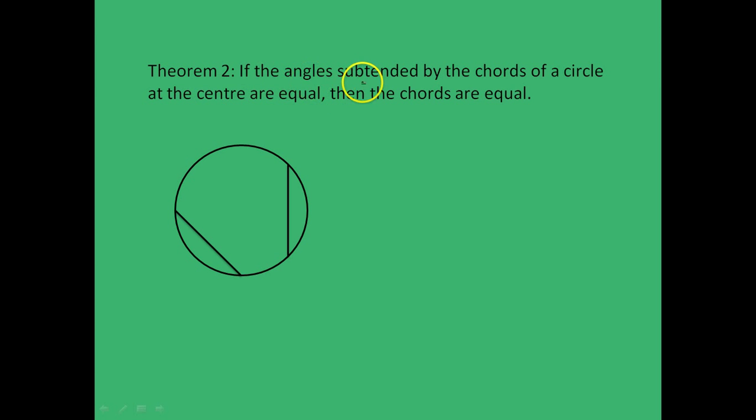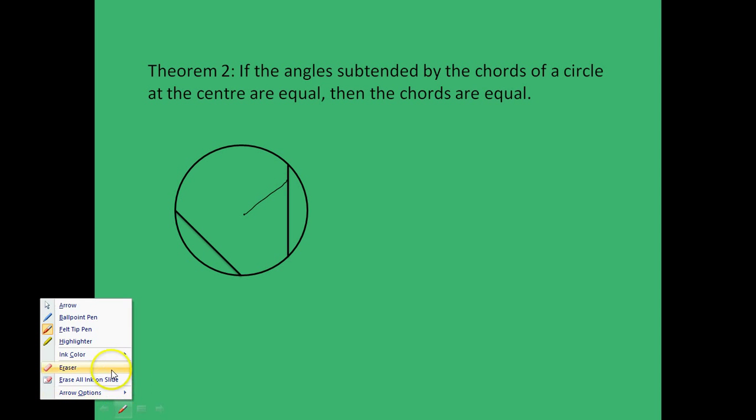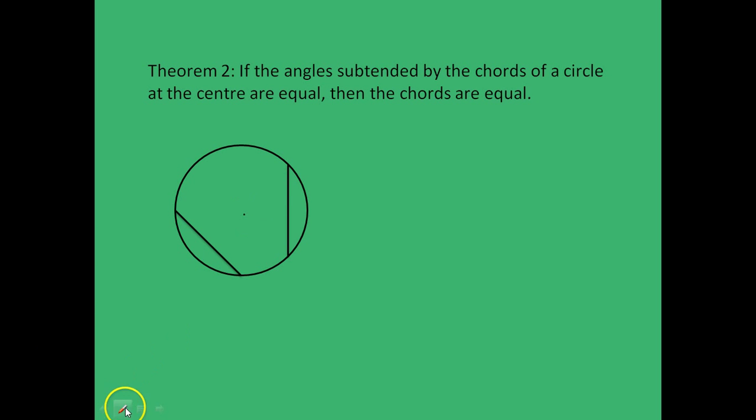Let's look at theorem number 2. It says if the angles subtended by the chords of a circle at the center are equal, then the chords are equal. Basically, it can be called the converse of the first theorem that we proved. So we'll start off by joining, basically making the angle itself. We'll draw the radii.